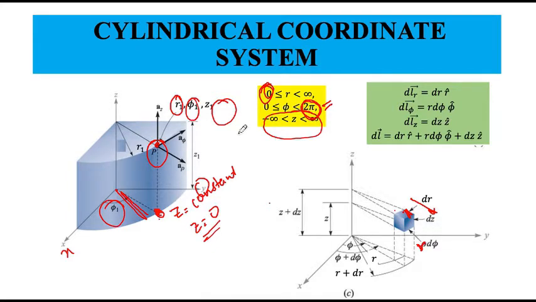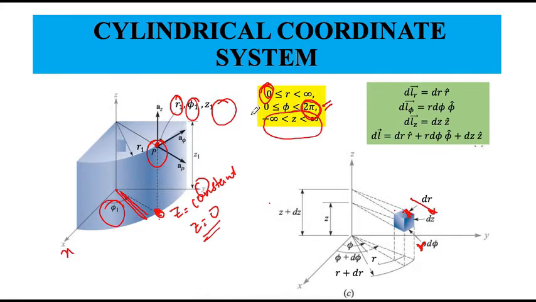Now because phi itself is angle, it is not distance. You need to measure that and you need to multiply with the appropriate radius that you are looking at.